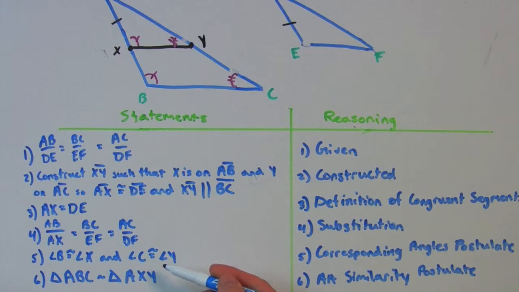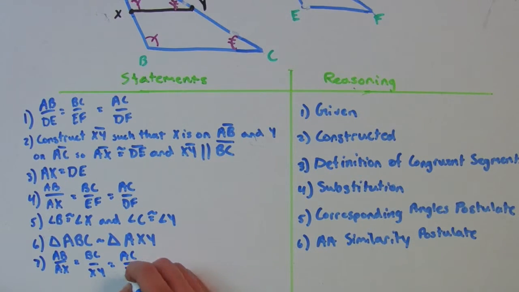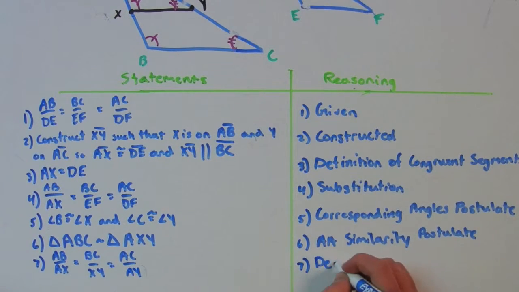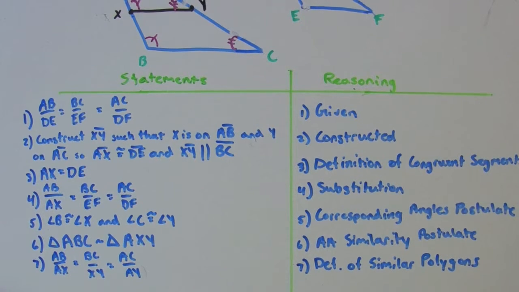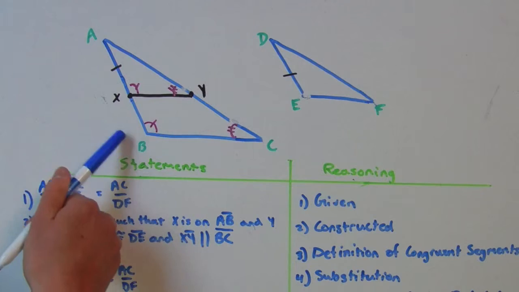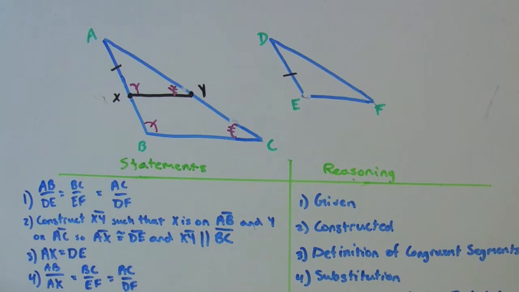And if two triangles are similar, then we know that their corresponding sides are proportional, and that's by the definition of similar polygons. AB over AX is equal to BC over XY, which is equal to AC over AY.